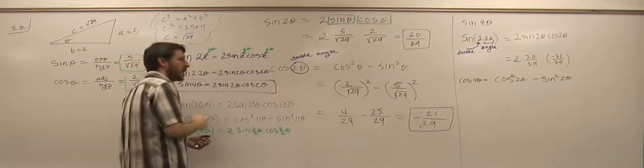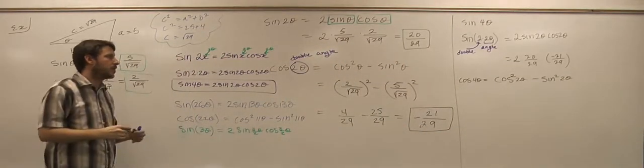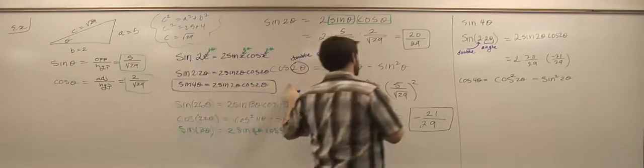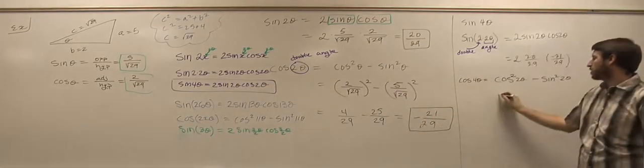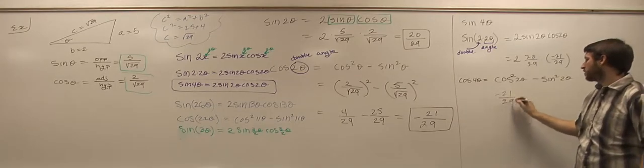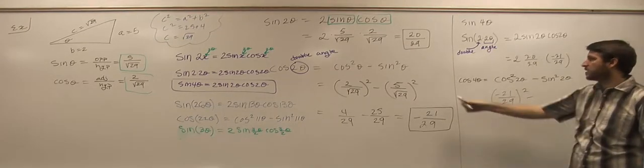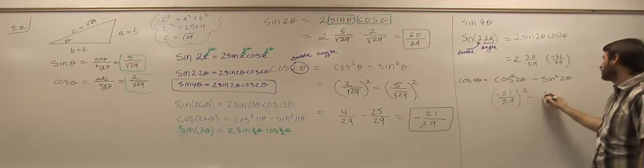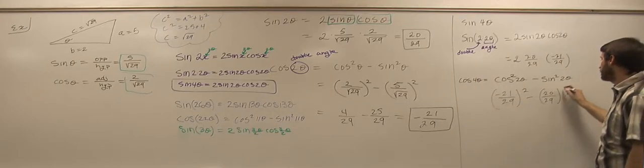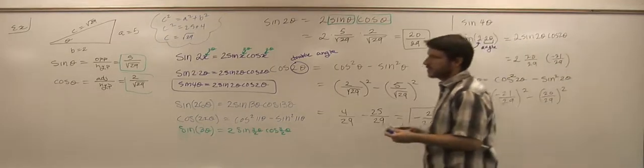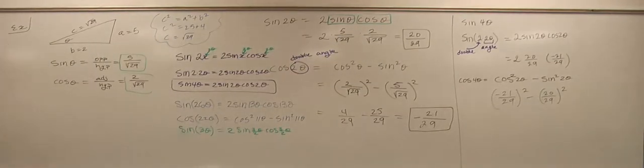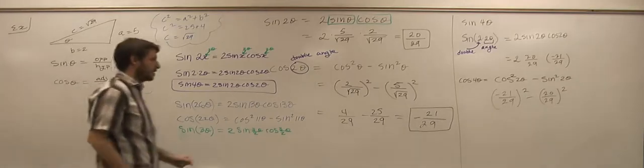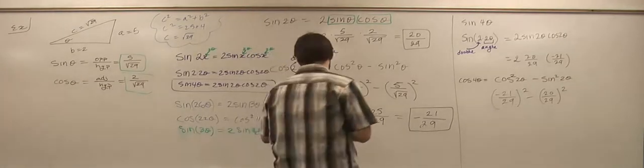And now I can plug in what I know. Cosine of 2 theta I found right here. And sine of 2 theta I found right here. And you can ask your calculator what that is. It will tell you. Okay?